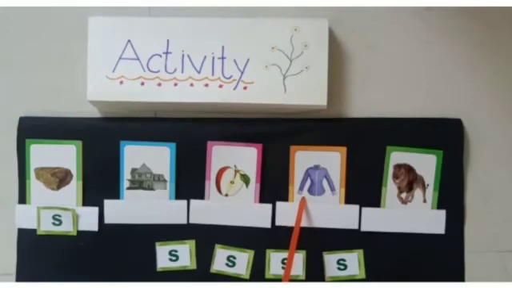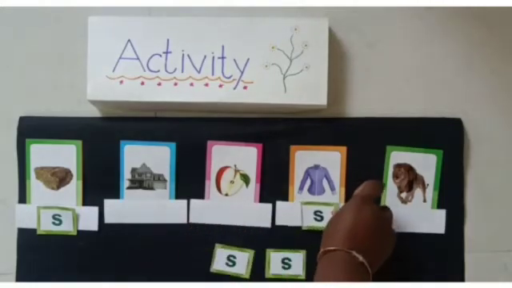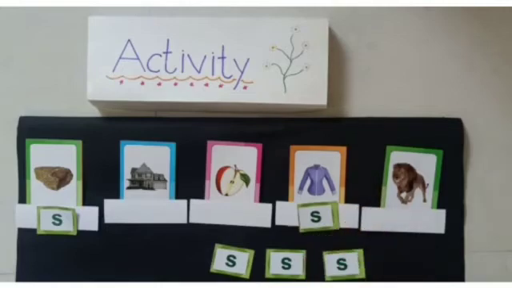Now, tell me, which picture is this? This is the picture of a shirt. And does shirt start with alphabet S? Yes. So, we will take alphabet S from here and place it below the picture of shirt like this.